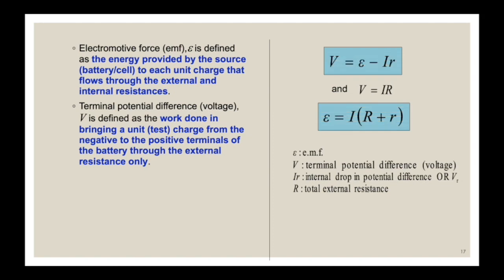Right, so this is how the equations will be. V, the potential difference or voltage, is equal to EMF minus current times internal resistance. Small r is the internal resistance, big R is the external resistance.